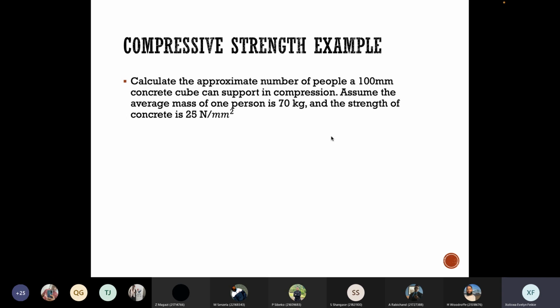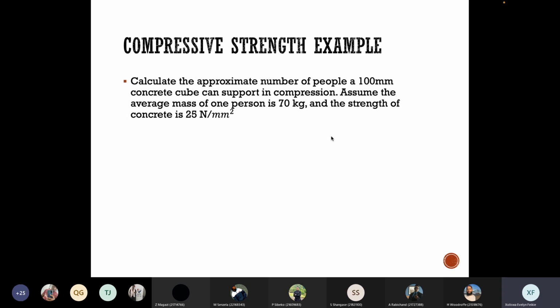Then, because the compressive strength is already in newtons per millimeter squared, it only makes sense that you focus on this. The dimension of the cube that you're given is already in millimeters. The compressive strength is 25 newtons per millimeter squared already.